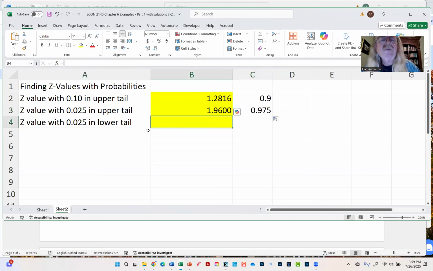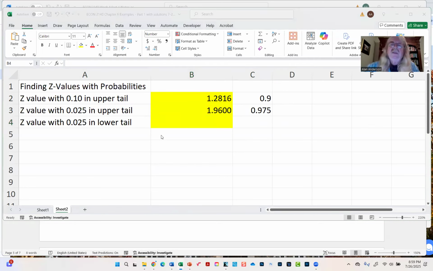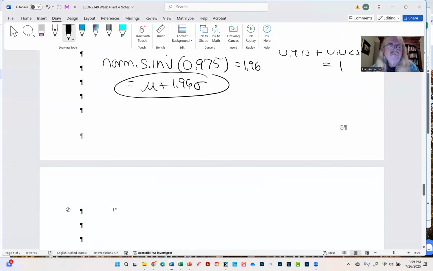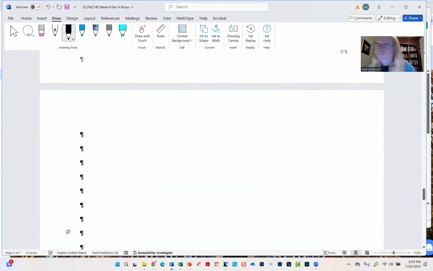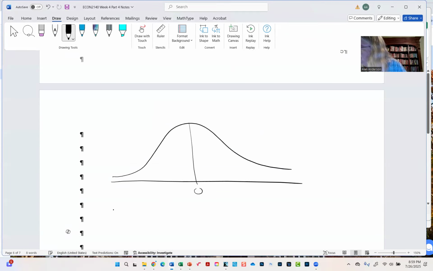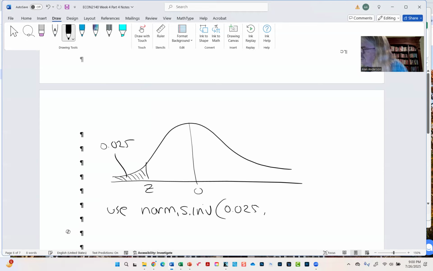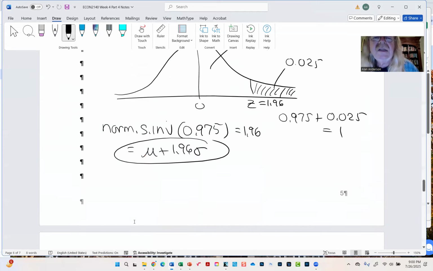Now, this third one is a little different because if you notice, they're looking for the lower tail, the 0.025. Okay. So we're already in the left tail, so you use the command. Oh, actually, sorry, this one doesn't need a 1.